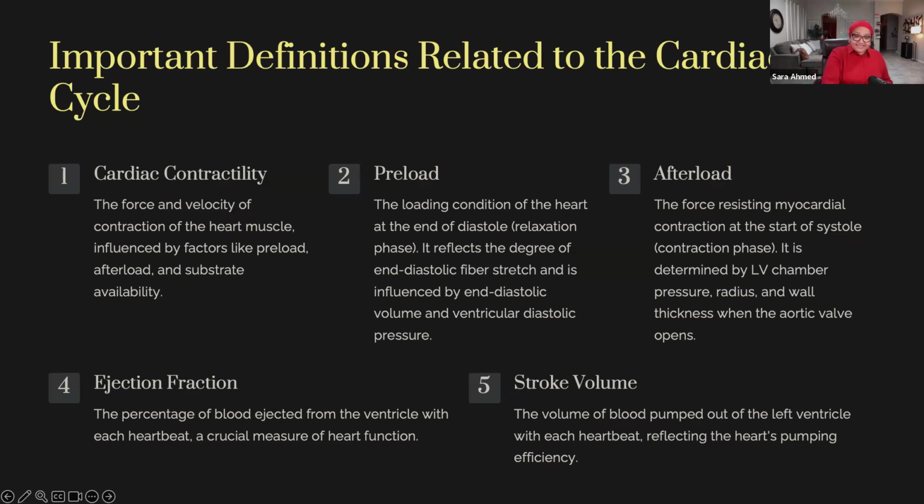Let's imagine at the end of diastole, I have a volume of 100 mLs of blood in the left ventricle. When the ventricular ejection happens, the left ventricle ejected 55 mLs out of it, and 45 remain back. This is the ejection fraction.